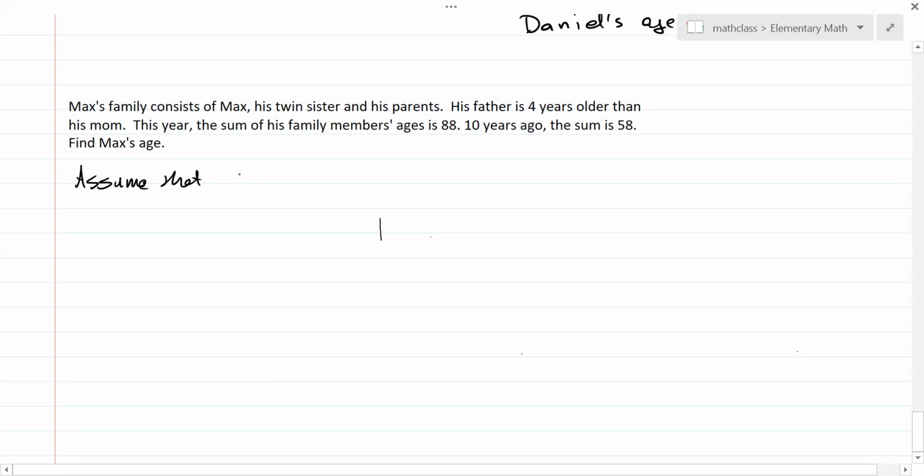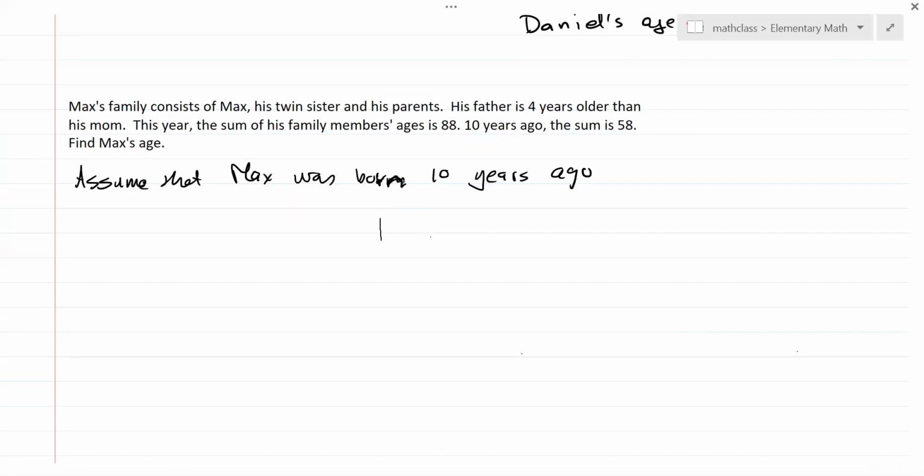So first of all, you assume that Max was born 10 years ago, so all of them are in the family. In this case, what is the sum of the ages? Don't look at 58.